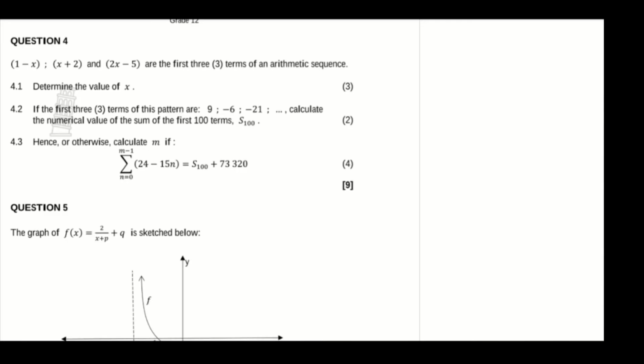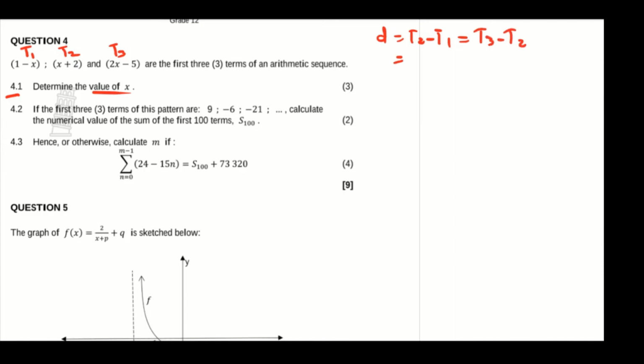This is your term number 1, term number 2, term number 3. And in 4.1, you're asked to identify the value of x. When you are given an arithmetic sequence and asked to identify the value of x, you know very well that you're going to use the common difference, which is term number 2 minus term number 1 is equal to term number 3 minus term number 2.